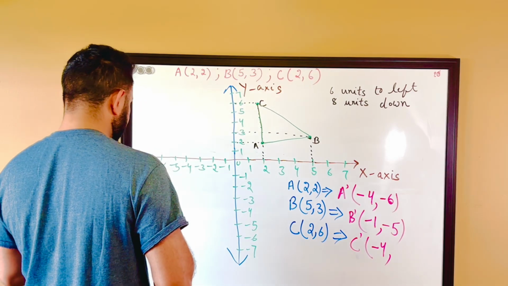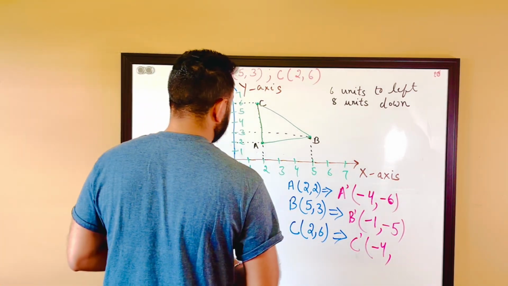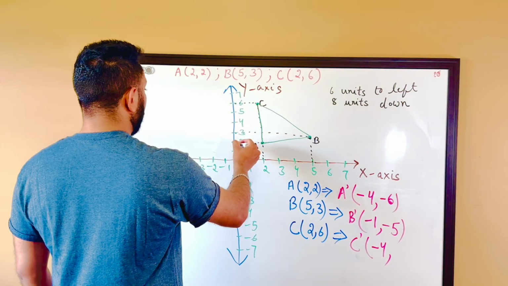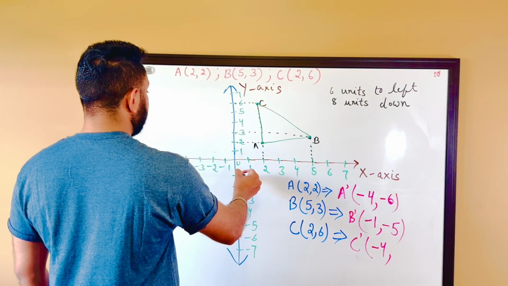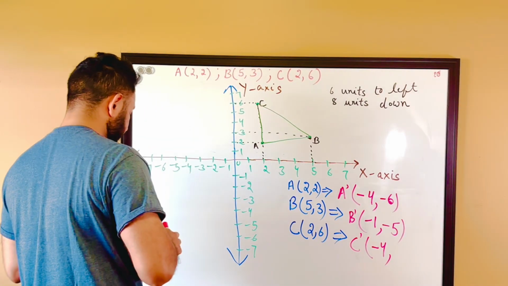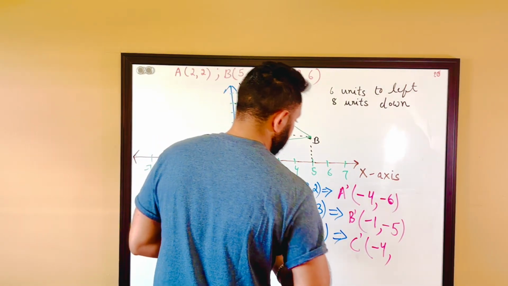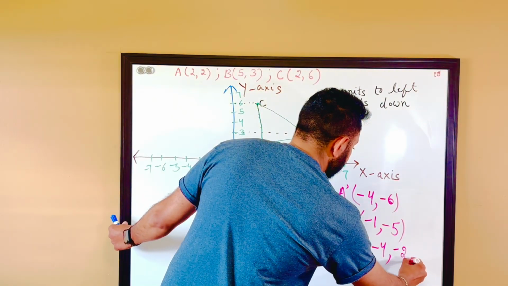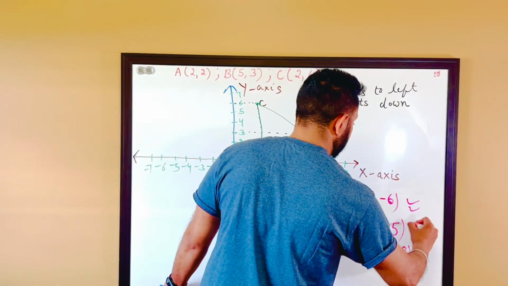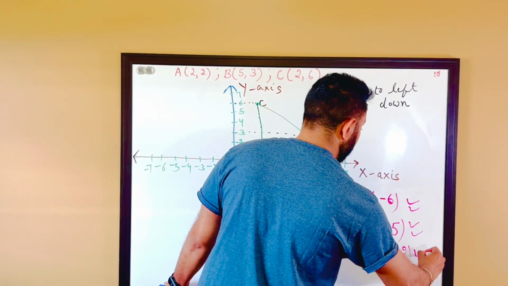And about the y coordinate, which is 6, 1, 2, 3, 4, 5, 6, 7, 8. So 8 units down, so we are here, -2. So these are our new A, B and C coordinates.